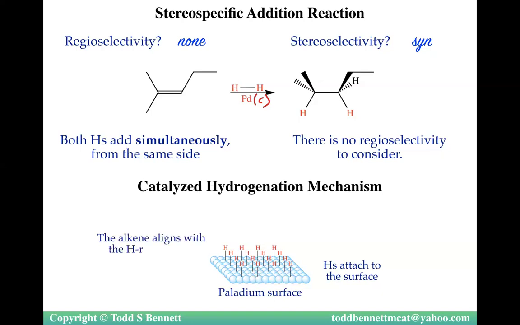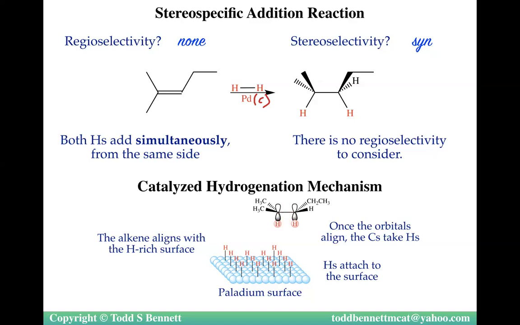So when the alkene comes in, it's going to come into the H-rich surface. When it does, these coordinated pi bonds can now interact with these H's. They add simultaneously. So syn addition, because they align, they're going to pick up these two H's. There they are. And then fly off with their H's. The double bond is no longer there.